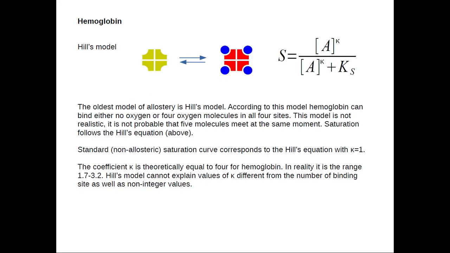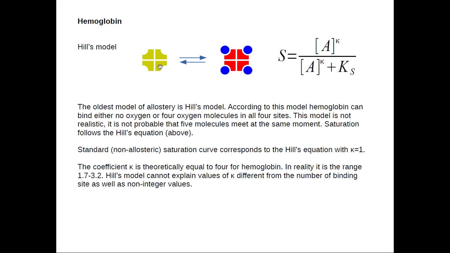This behavior, of course, was very interesting, and different people tried to make models which can explain this. The first model was Hill's model, and this model is not very realistic, because it assumes that the hemoglobin could be either without oxygen or fully loaded with oxygen.